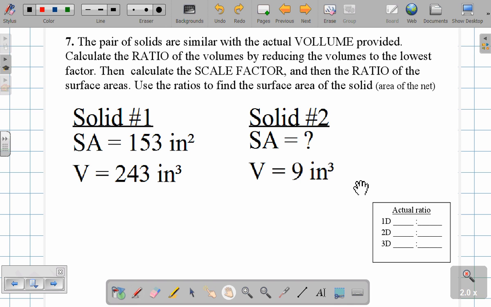Not quite done. No, let's get through this one. Ready? Put your finger right there. Actual volume. I got the ratio.